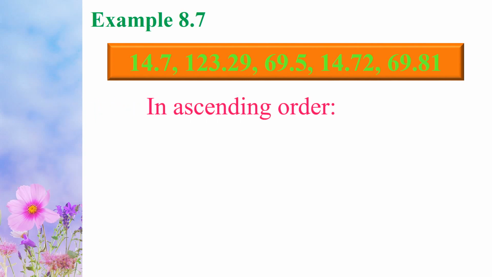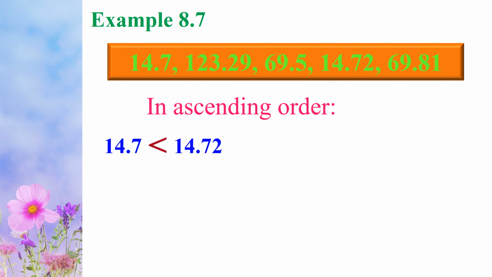We already know ascending order means to arrange the decimals from smallest to largest. By comparing the whole number part, we get 14.7 and 14.72 are the smallest decimals. In 14.7 and 14.72 the whole number part is the same, so by comparing the decimal part we get 14.7 is less than 14.72.